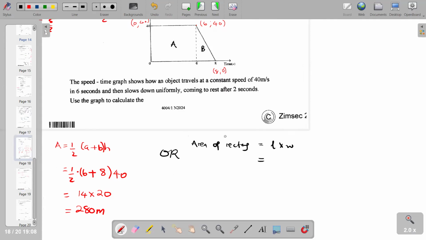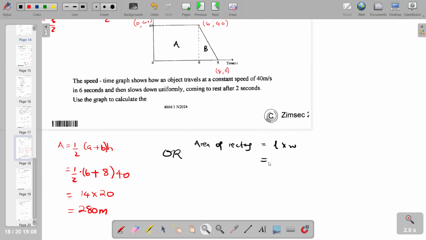So in this case, it's going to be 40 multiplied by the width. The width is 0 to 6, so 6. So here we are going to get 40 times 6 is 240.